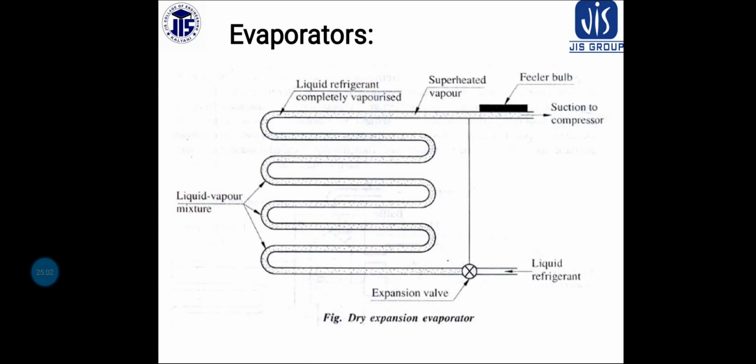What is the function of the filler bulb? It is controlling the rate of flow through the orifice of the flow control. Okay, so by the help of this diagram I can say that compared to this flooded type evaporator, it is not so much important.